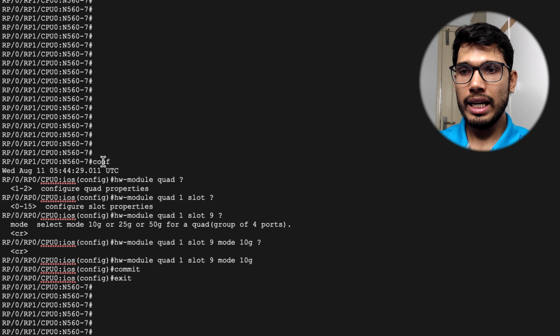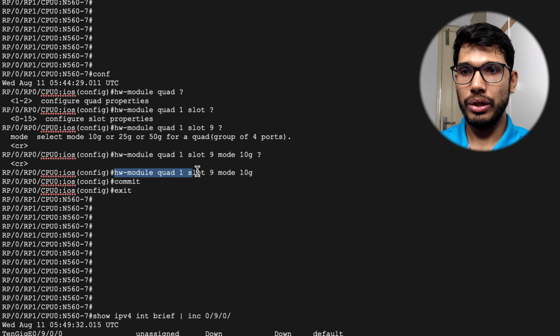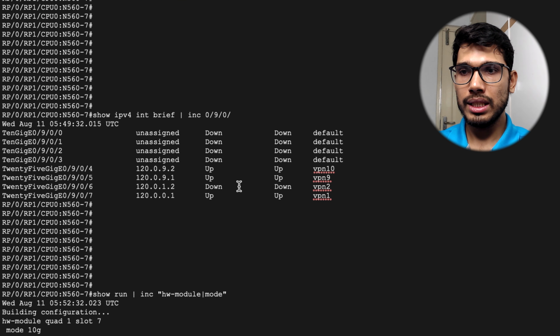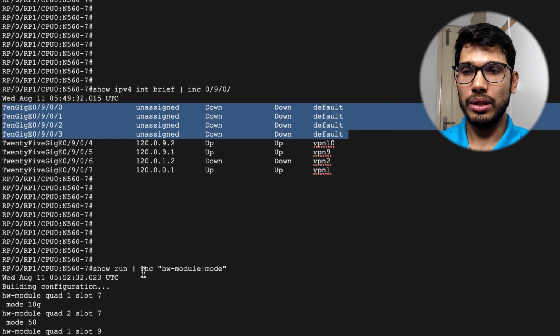Now I can configure this hardware module quad. So quad number is 1, slot number here is 9, and let's say I select the mode to be 10 gig and I commit this configuration: hardware-module quad 1 slot 9 mode 10g. So what happens? I can see my first quad of ports, port number 0 to 3, are now becoming 10 gig ports, and the rest of the quads are unchanged and they are still in 25 gig mode.